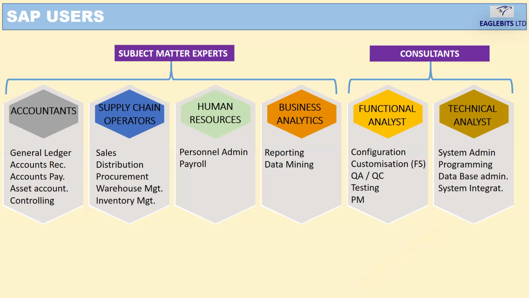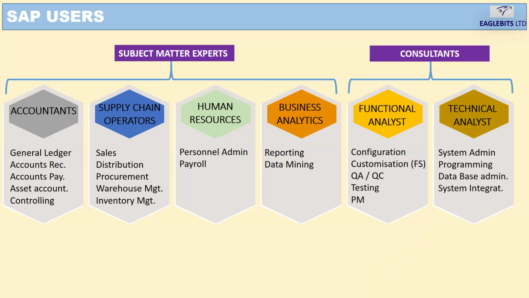Then we also have the technical consultants. These are mostly the programmers, those who take care of the system infrastructure itself. We're not talking about configuration, but about people who take care of the database and ensure that the database is working properly.